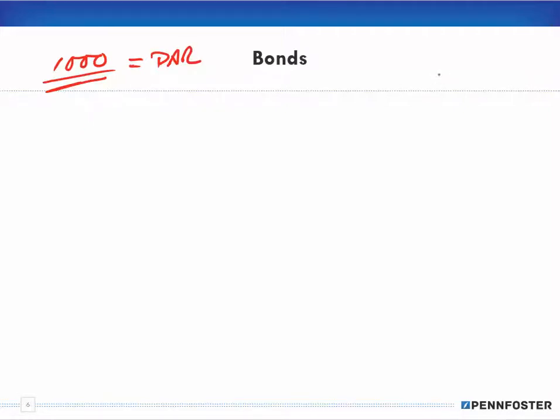As far as market value, when you have par, it's given the price of 100. Basically, we're just lopping off the last digit in order to get the price.